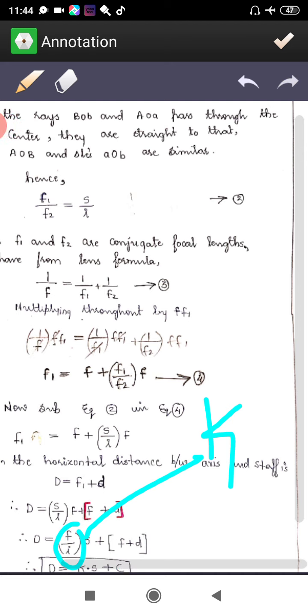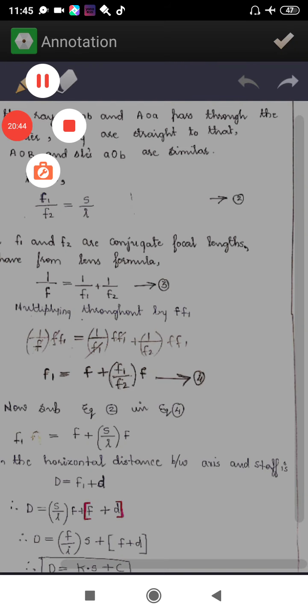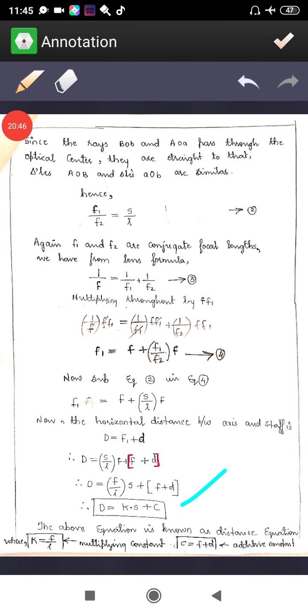So we have the formula D is equal to KS plus C. This is a very important formula. The same thing I have shown here: the above equation is known as the distance equation, where K is F by I, called the multiplying constant, and C is equal to F plus d, called the additive constant.